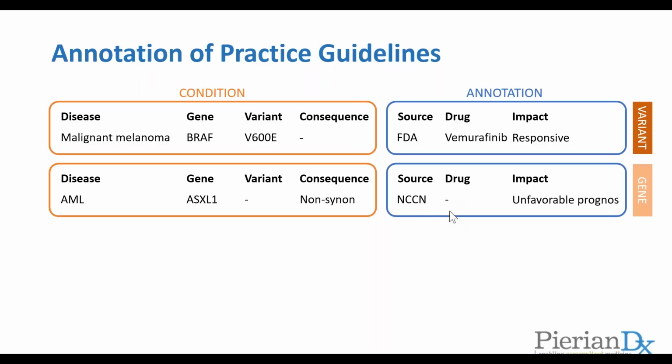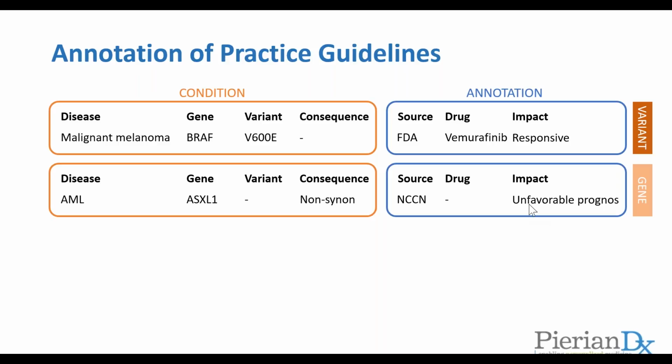So here's a simple example of a BRAF V600E mutation in malignant melanoma, where FDA, as well as ASCO and NCCN, recommend or have shown approval for using vemurafenib, that tumors with these mutations are responsive to that drug. So this is the same example we just saw.